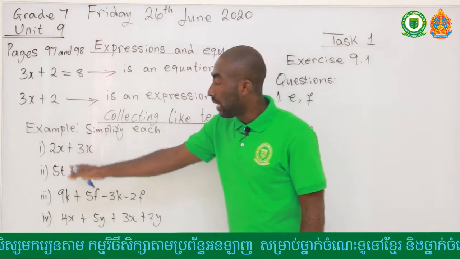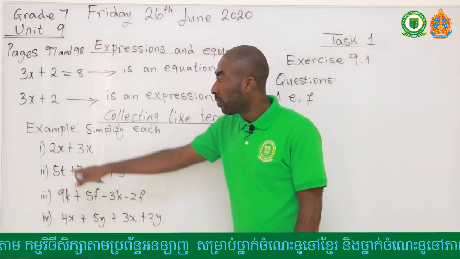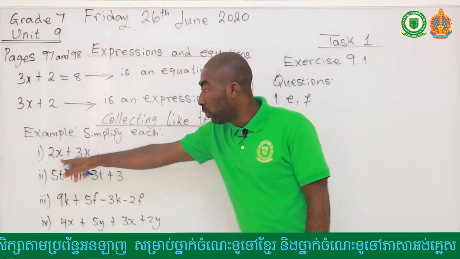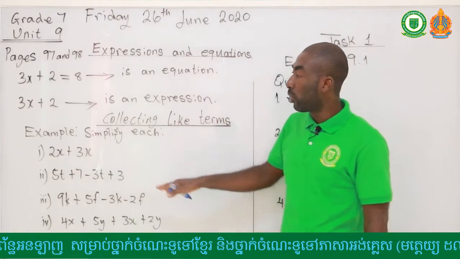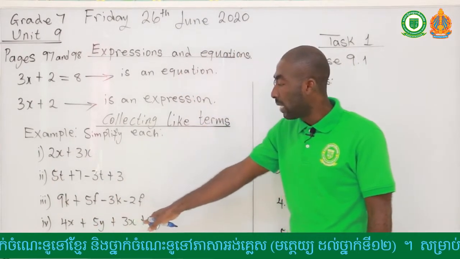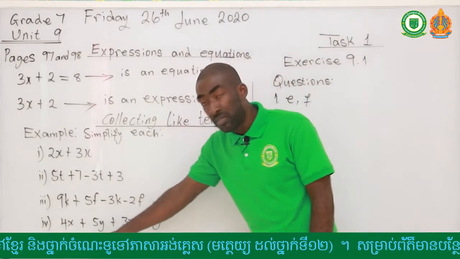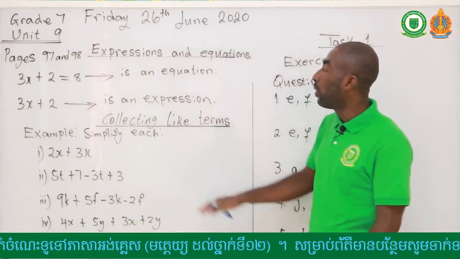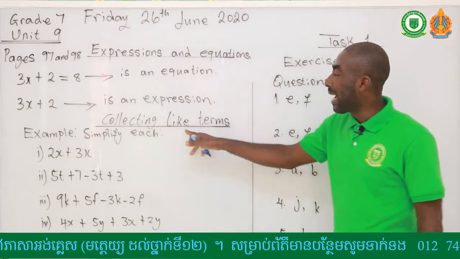So if you look at our examples here, the first one is having 2x and 3x. So there's x here, there's x here. And some of the examples have mixed variables. So we're going to look at how we can collect the like terms.